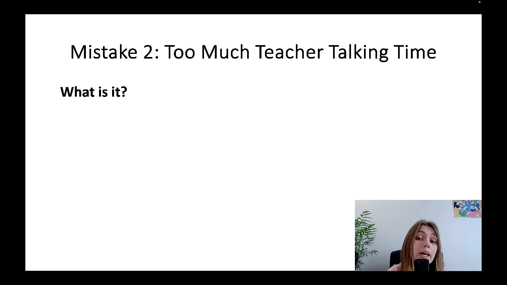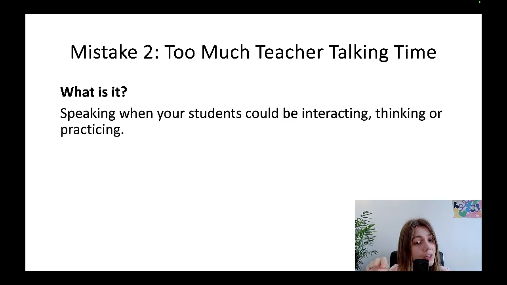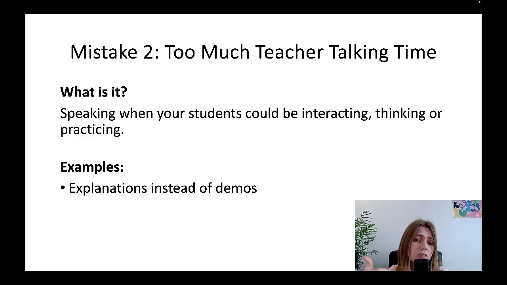So first of all, it's when you speak when your students could be interacting, thinking, or practicing whatever you taught them. Some examples of this include explanations instead of demos. So when you're setting up a task and you keep telling them what to do instead of showing them what they have to do.